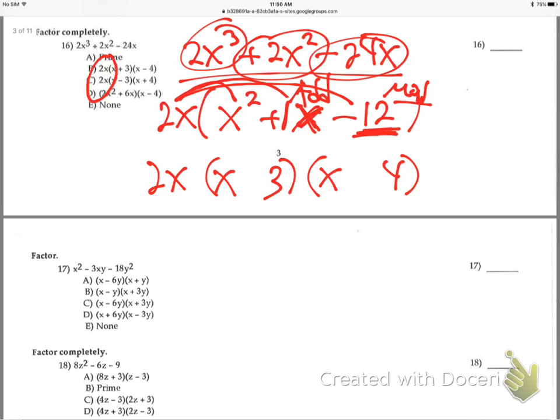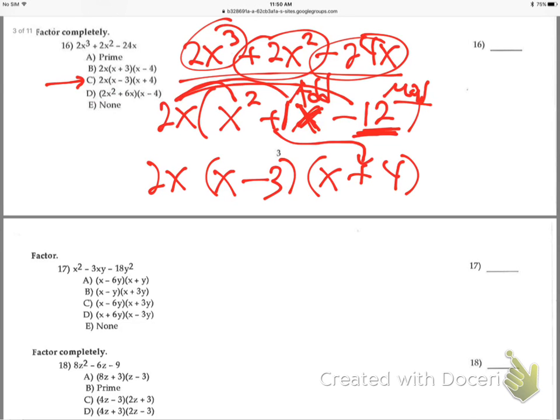The sign in the middle always goes on the bigger. Remember, sign in the middle goes to the bigger. So plus in the middle goes on the bigger, the 4, and the minus 3. It doesn't matter what order. You could switch the order, but the 4 has to be positive wherever it's at, and the 3 has to be negative. So, is that one of our answers? Yeah. Looks like it's C.